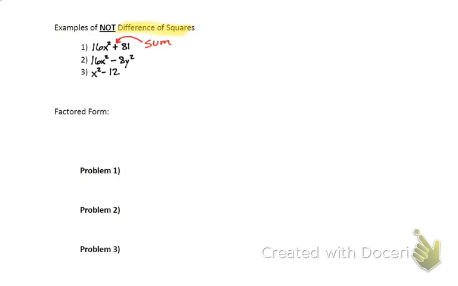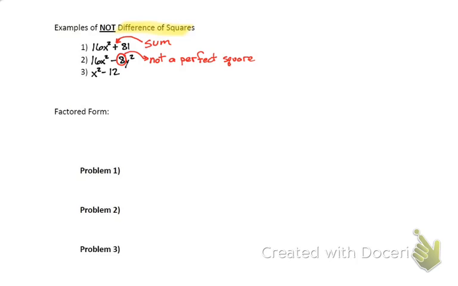Looking at number 2, again, a lot of things look good. What is the one thing that is not good? Right here, 8. 8 is not a perfect square, so this can't be a difference of squares if 8's not even a perfect square.